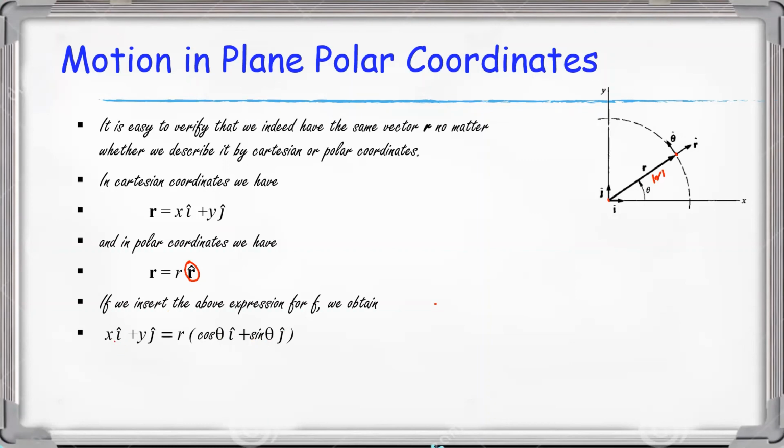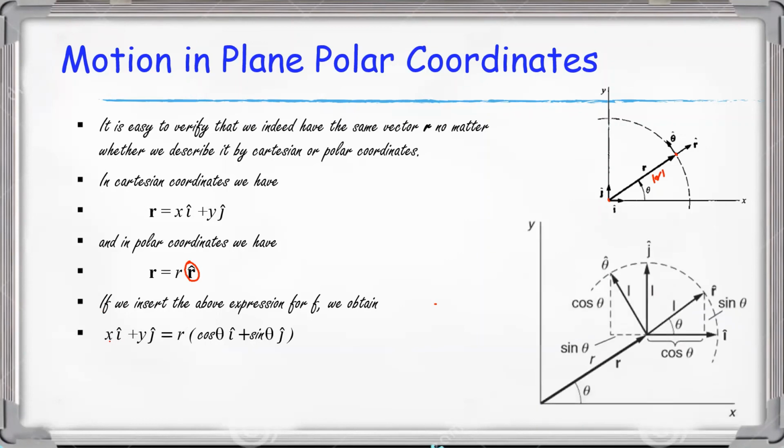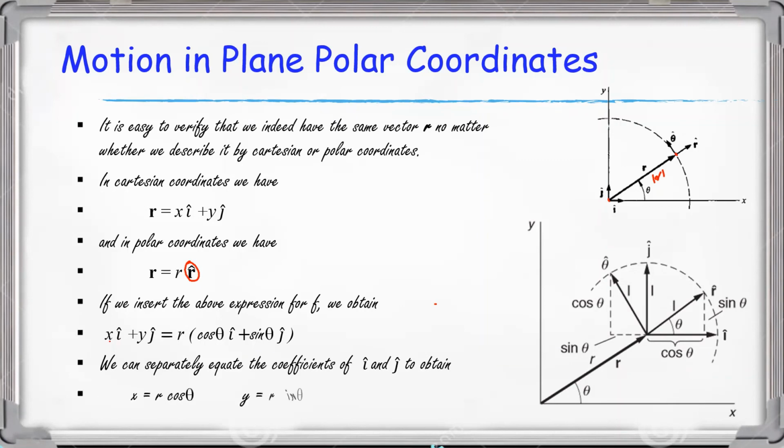Here we compare the coefficients of i and j from both sides. Coefficient of i: here x, and here it is r cos theta. Then we can write x is equal to r cos theta and y is equal to r sin theta.